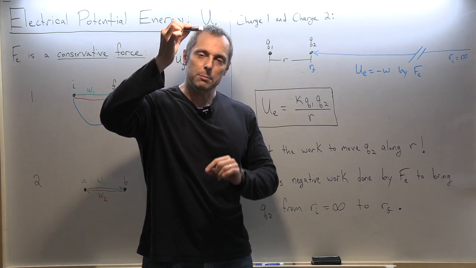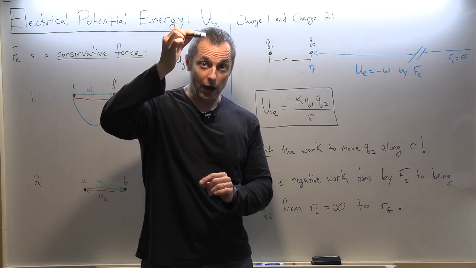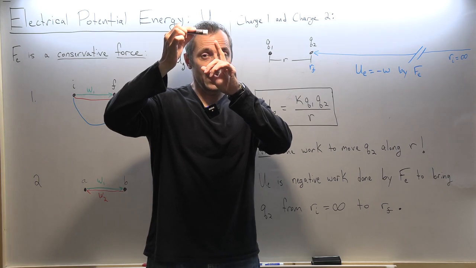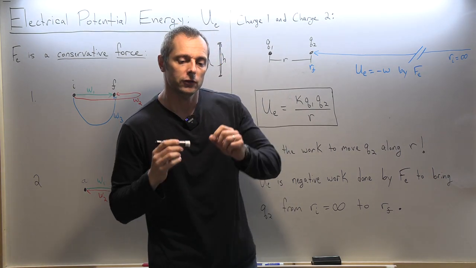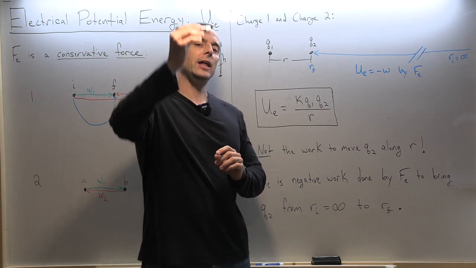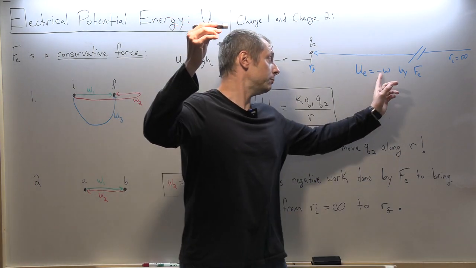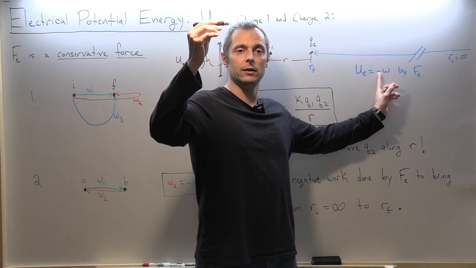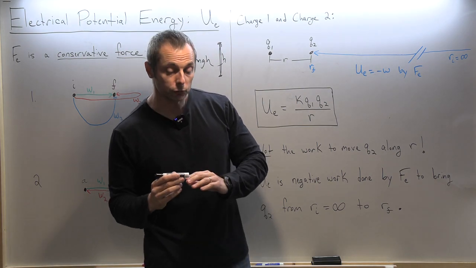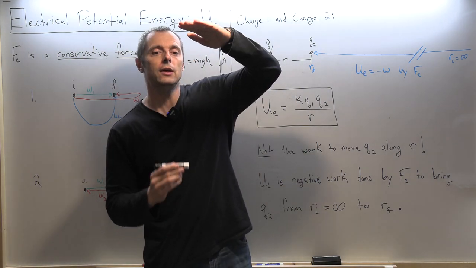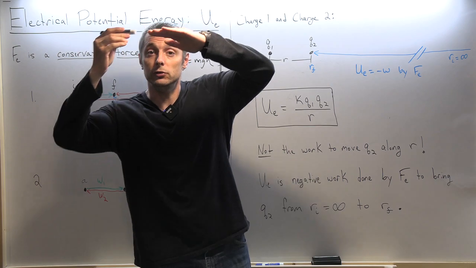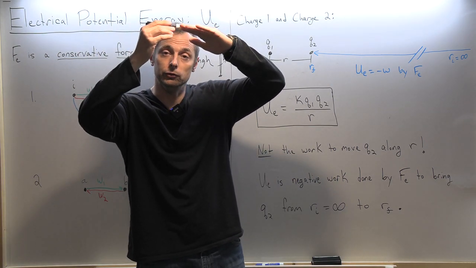But the potential energy change is positive when I lift and negative when I fall. So when the work done by gravity is negative, I want U to be positive. I've got to put an extra minus sign in there. And now I have how much potential energy to go from here? -(-2 joules), which is positive 2 joules.